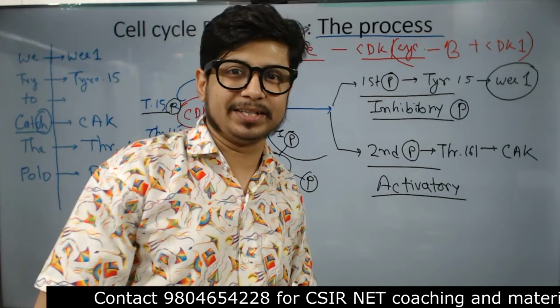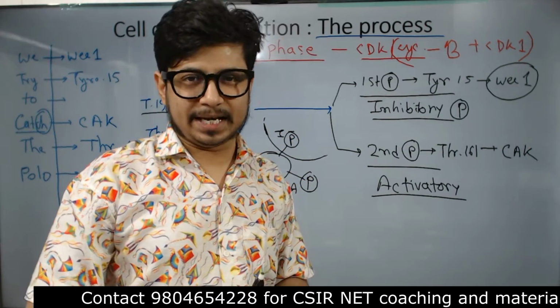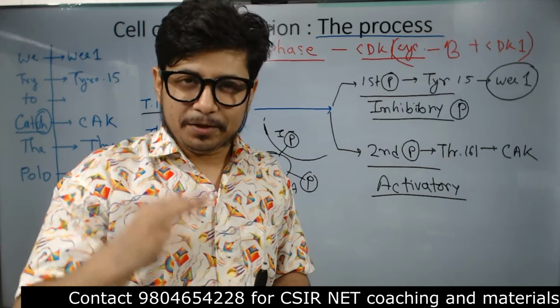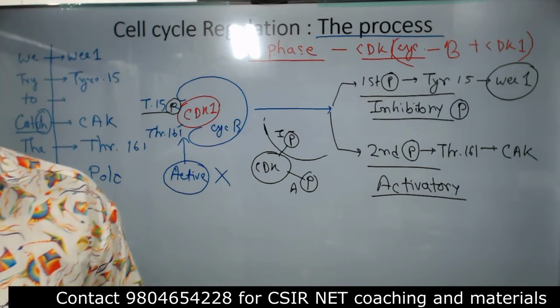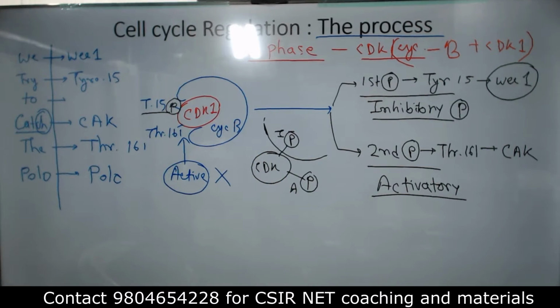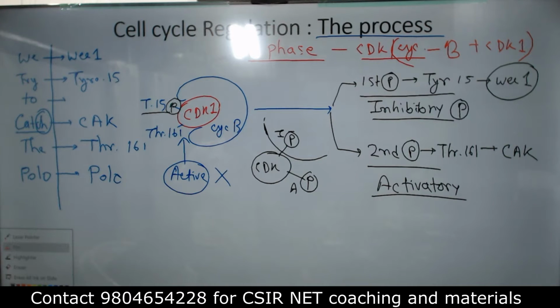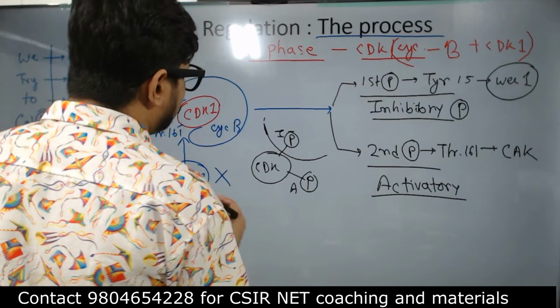Now you see the importance of the phosphatase enzyme, the role of the phosphatase enzyme. So in this case, phosphatase CDC25. I'll take a different color here. Red one again.